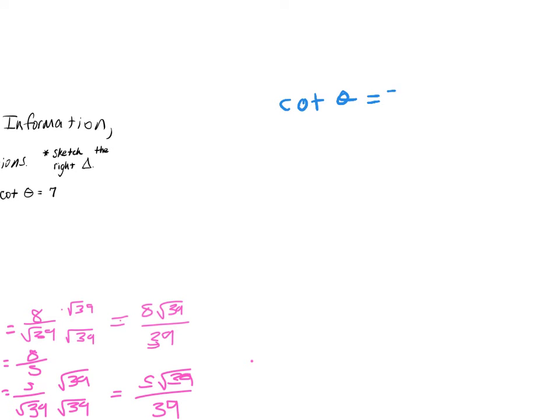Perfect. If tangent is opposite over adjacent, that means cotangent is adjacent over opposite. So adjacent is 7. What would our opposite be? 1. Perfect. So this is 7 over 1.